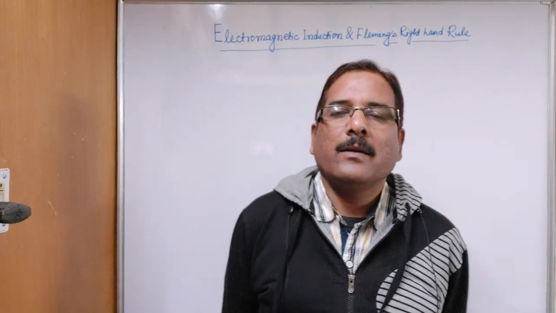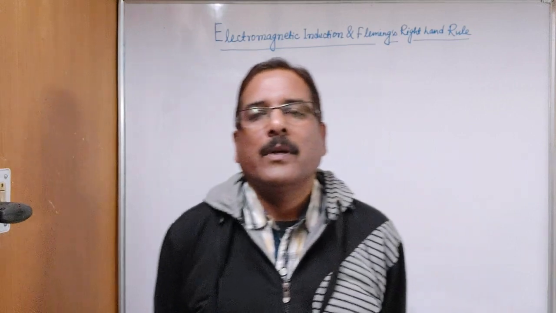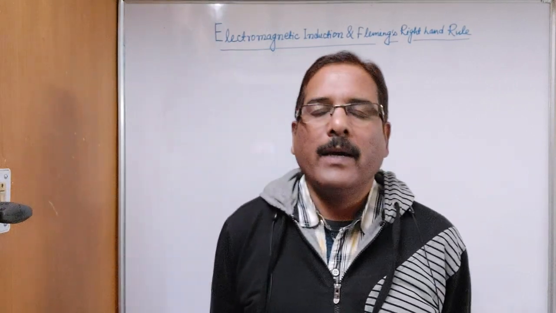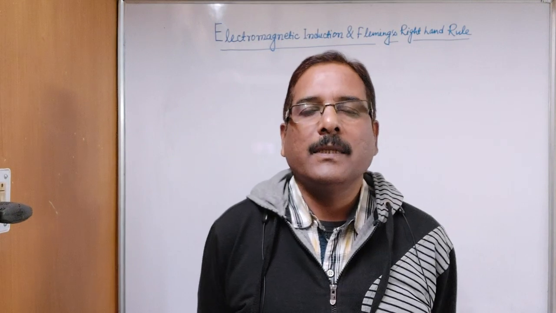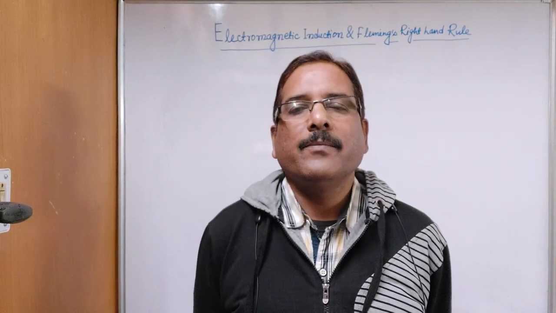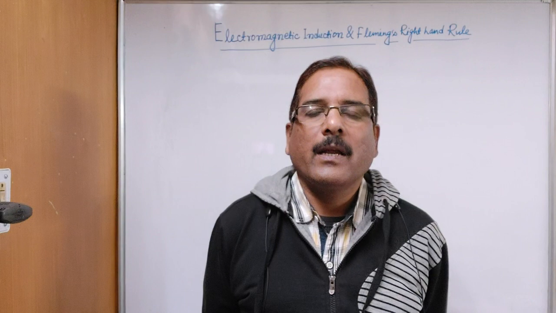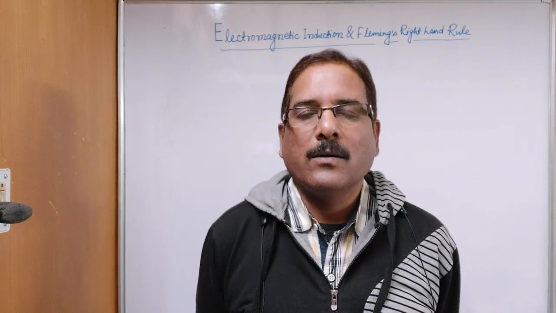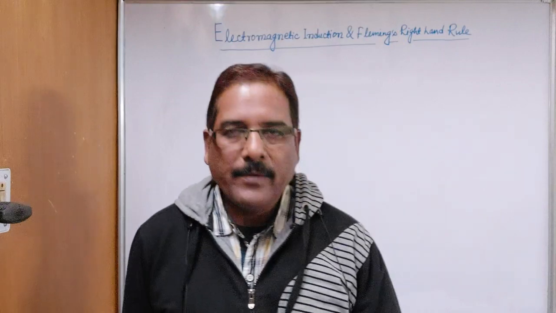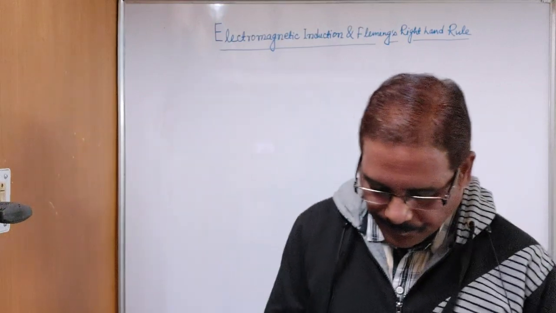There is another way of producing current in a coil: in activity 13.9 we have seen that by changing magnetic field we can also produce current in the secondary coil. And I have given questions.